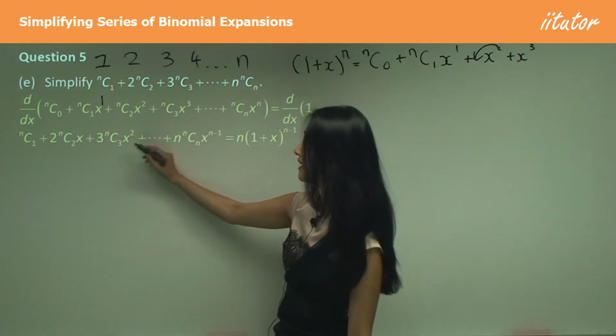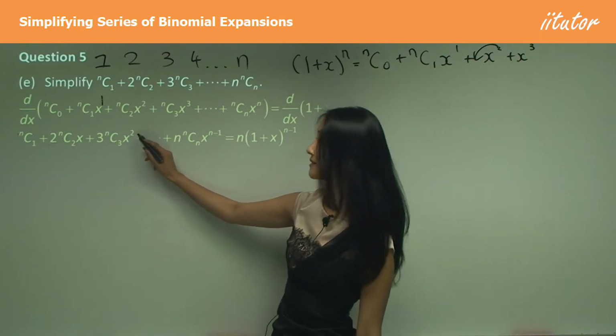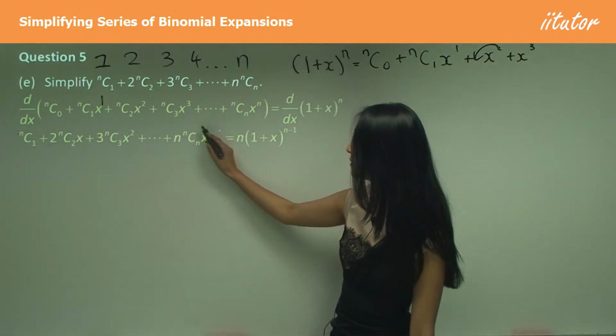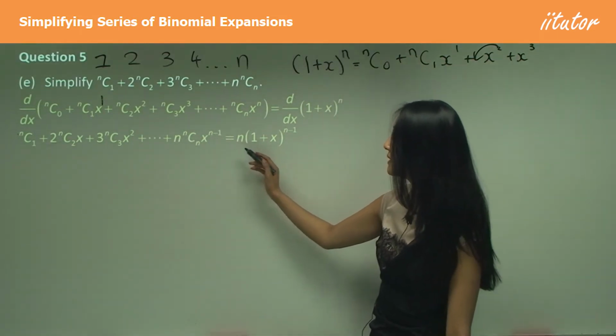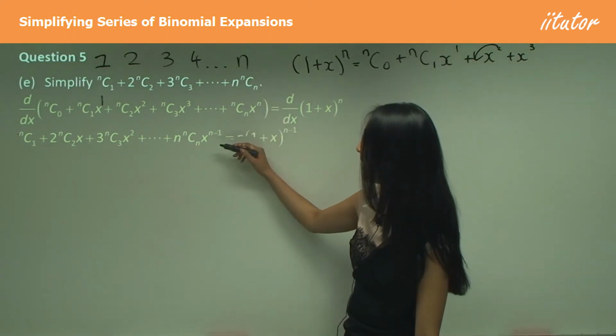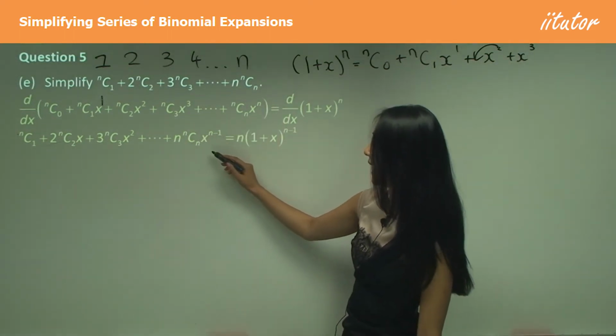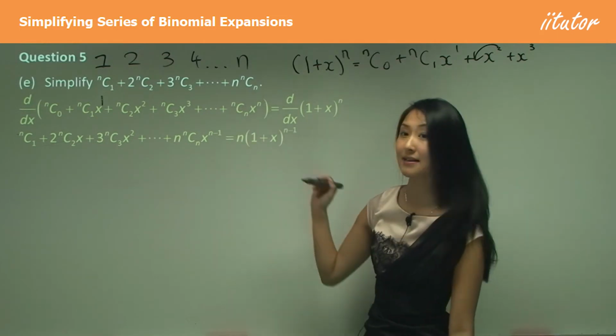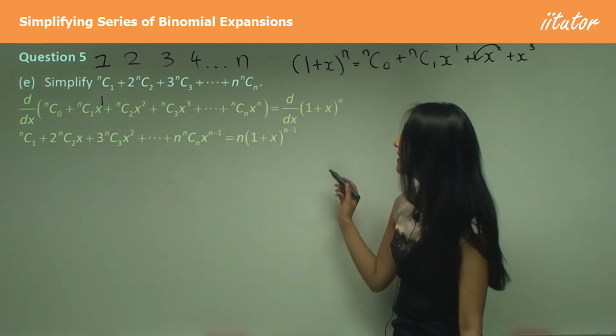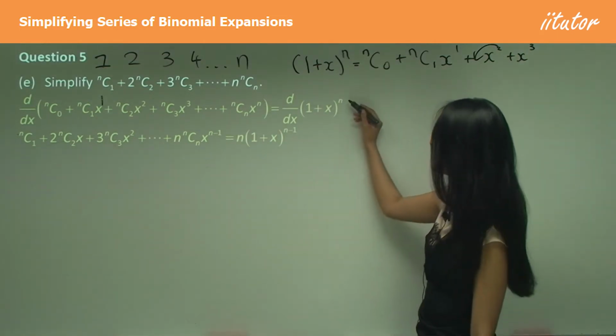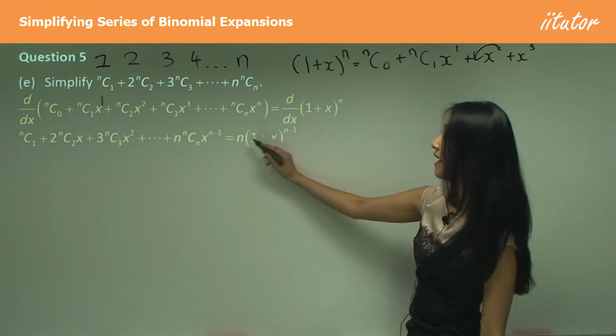Bring down the 3, 3 nC3, x squared, and so on until here we're going to bring down that n. So you have n nCn, and then x to the power of n minus 1 there. All right, now let's differentiate this side. So subtract 1, so n minus 1, and we bring down the n.